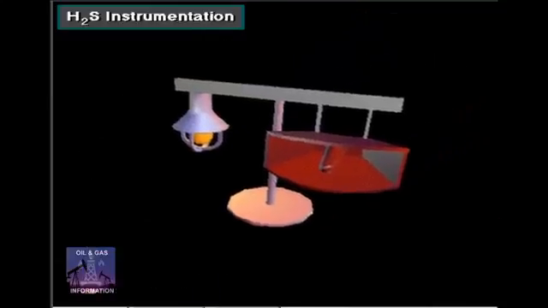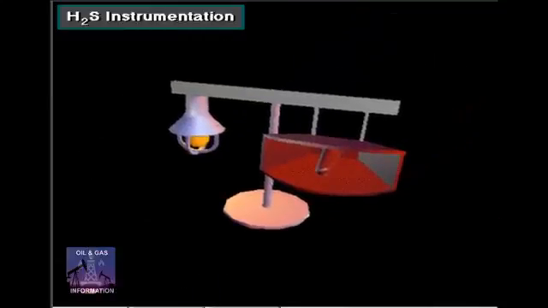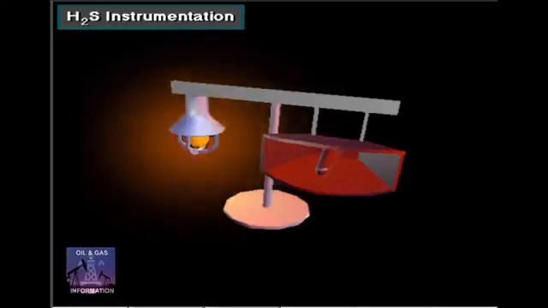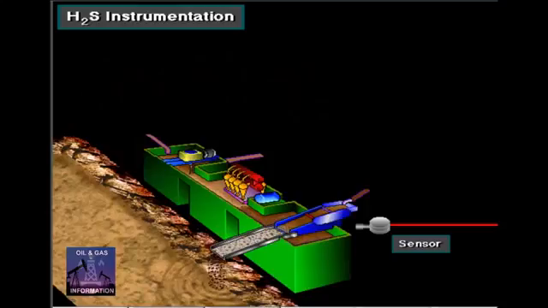This is an audible and visual H2S alarm. The horn sounds a siren, while the light flashes brightly if they're activated by H2S sensors placed on the rig. This H2S sensor is placed near the mud tanks.